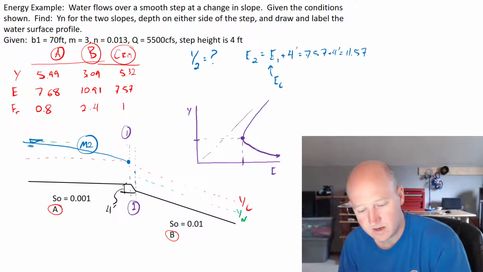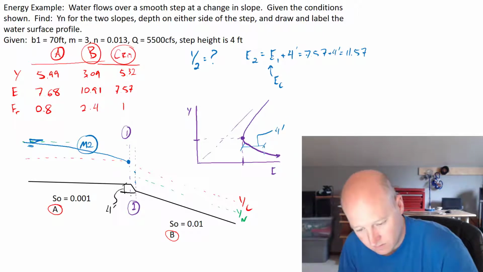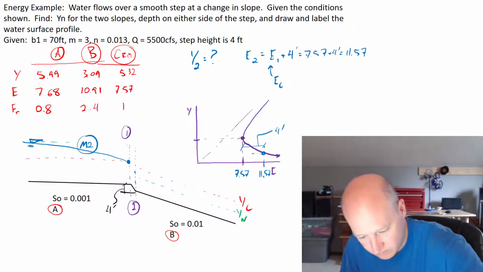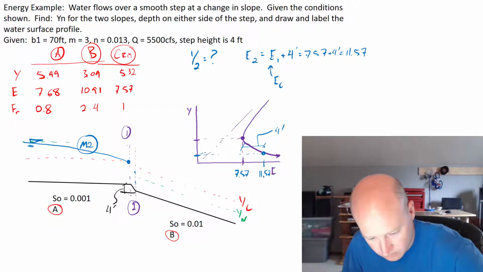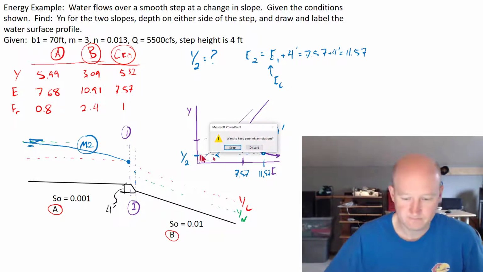So actually we now know, if we go over 4 feet, that gives us 11.57. So what we want to know is, what is this depth? Y2.